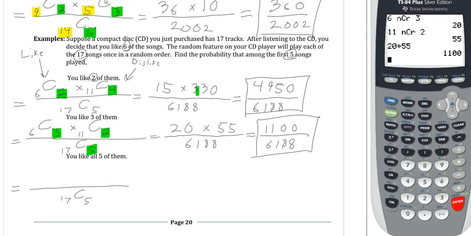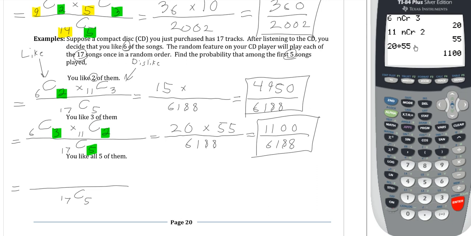There actually was an error up here. But that's why we check. So this should not have been 330. This should not have been 4. This should be 3. Of the 5 songs I played, 2 I like, 3 I dislike. I apologize for that.